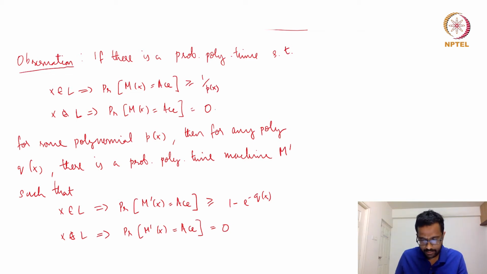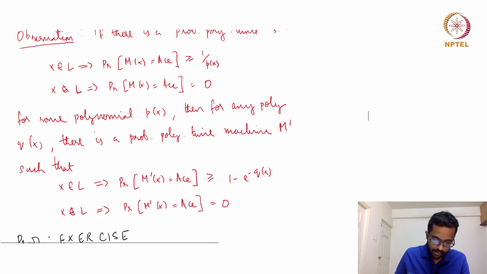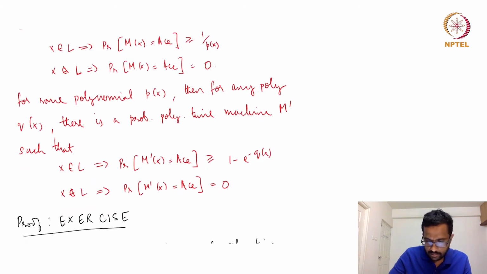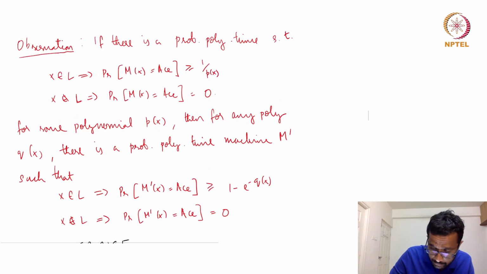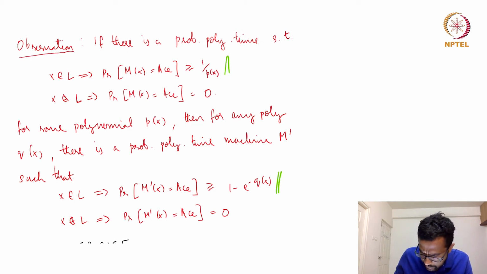So this is the RP setting. Then we could, by doing enough boosting, take something very, very close to 0, 1/p(x), and boost that to something extremely close to 1.